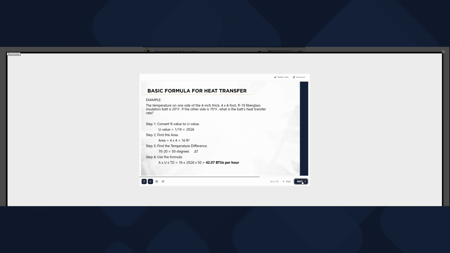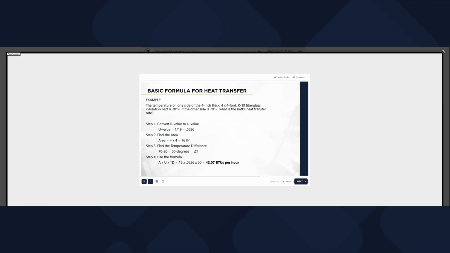Let's practice an example. The temperature on one side of the 4-inch thick, 4 by 4 foot R19 fiberglass insulation bat is 20 degrees Fahrenheit. If on the other side it is 70 degrees Fahrenheit, what is the bat's heat transfer rate? Step 1. Convert R value to U value.